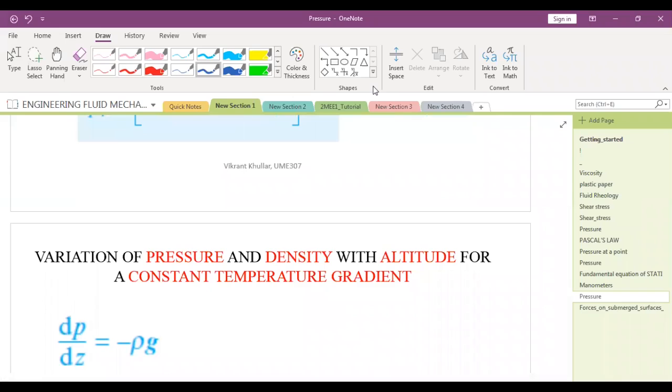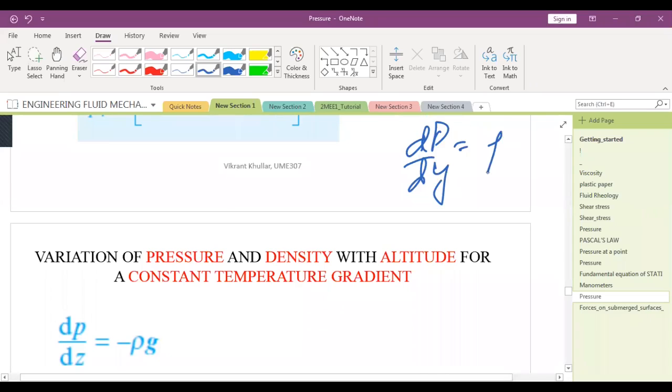I will not discuss these; you can do them back home. The only thing is how, in this expression rho g, you can substitute rho with different expressions. This is the only new thing in this. Yes, any doubts?